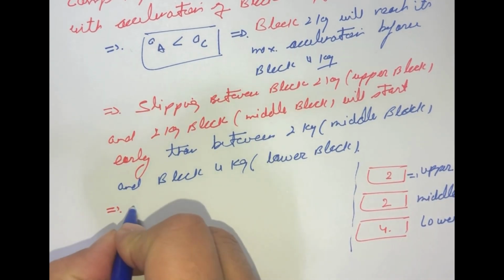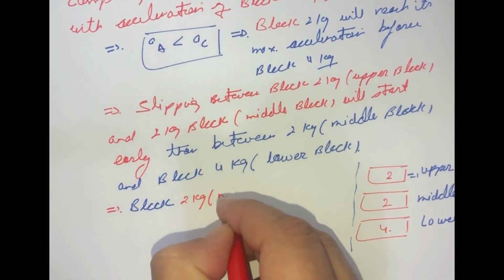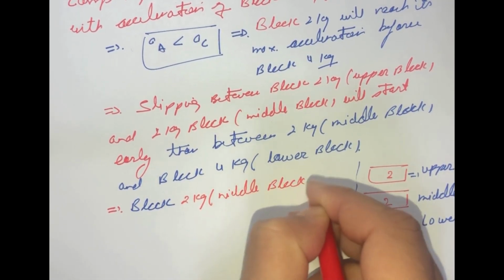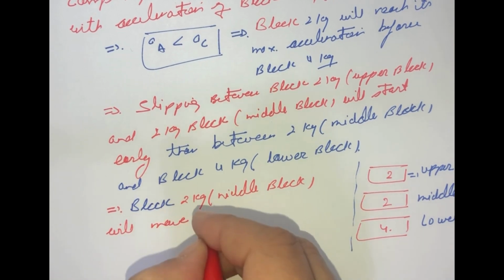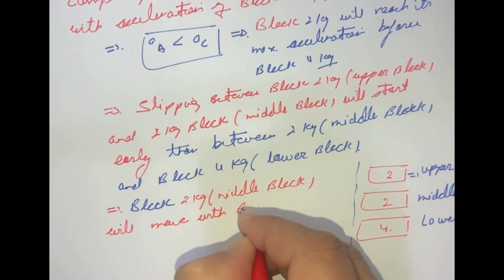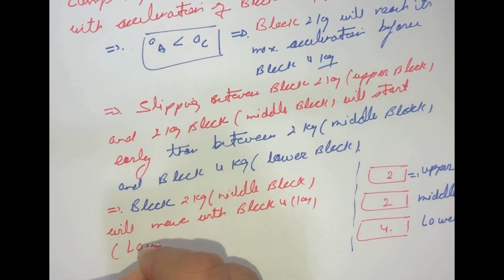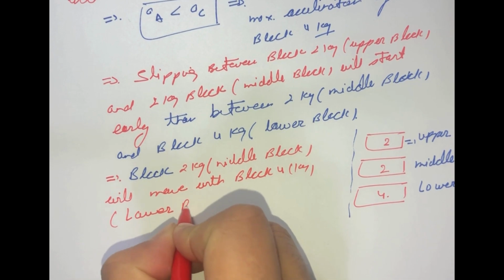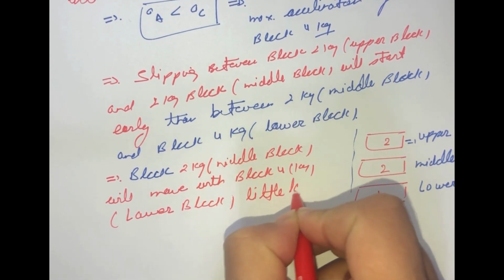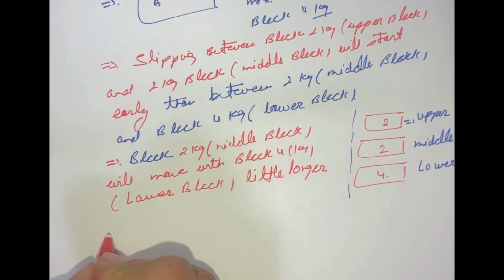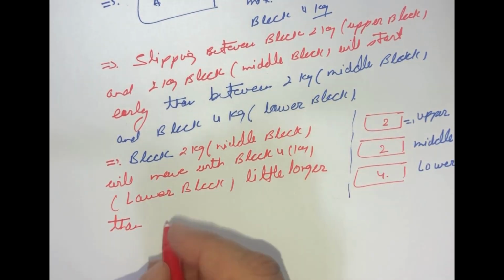So you can say block 2 kg, that is middle block, will move with block 4 kg, that is lower block, a little longer than the other one.